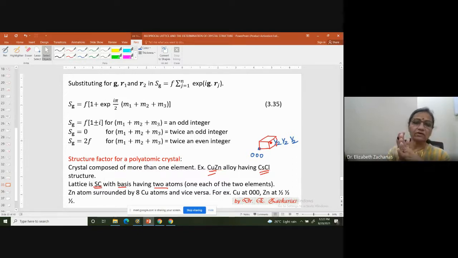Don't bother about diamond structure. Just leave it. It's okay. You don't need to study this.